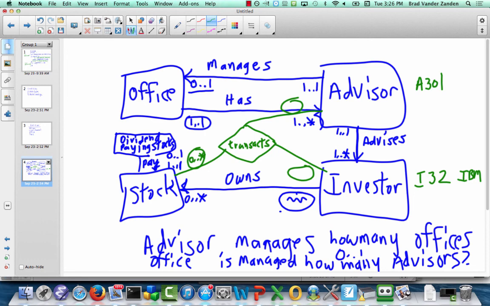If you have an investor with a stock, someone had to have sold it to them. It can't be 0. Okay, you had to do the transaction with someone. So if the investor has a stock, there has to be someone who sold it to them. The minimum has to be 1. Okay, minimally it has to be 1.